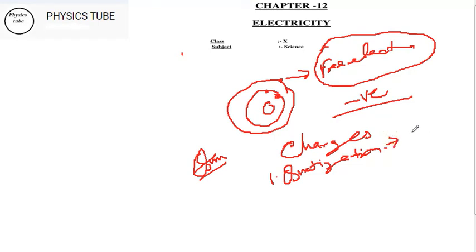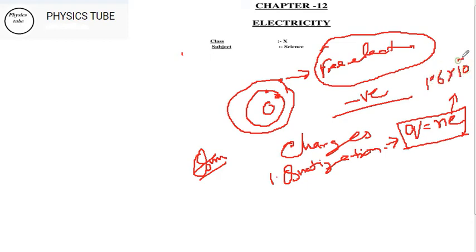So we can say, if e is the electron charge, then Q is equal to n e. Very important formula, you are going to implement this. Please remember this e. e is equal to 1.6 into 10 to the power of minus 19 coulomb. This is the value of the charge of an electron.